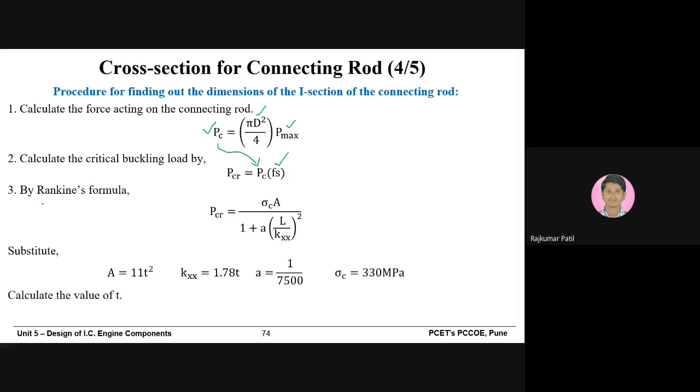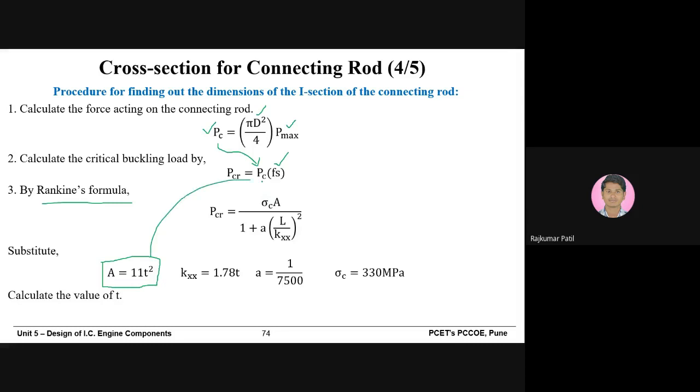Then use the Rankine formula. So PCR is equal to sigma C A upon 1 plus A into (L by KXX) whole bracket square. So use this formula again. We know that A is equal to 11T square.